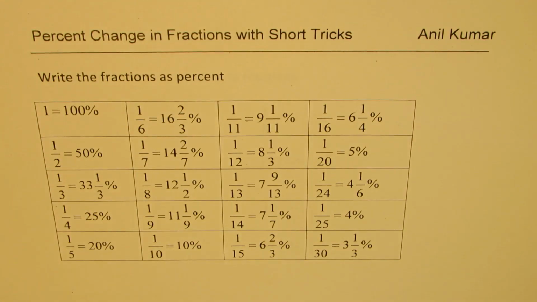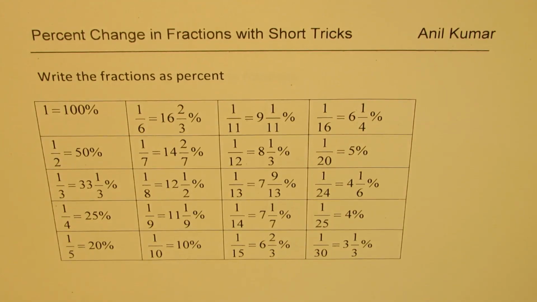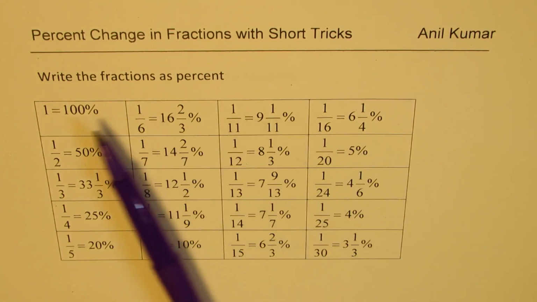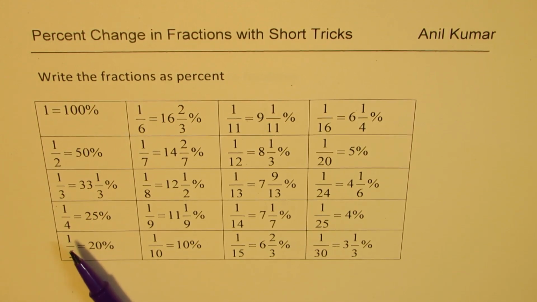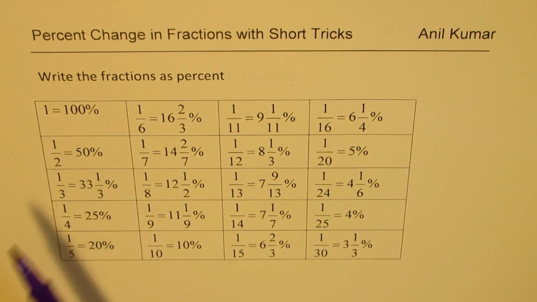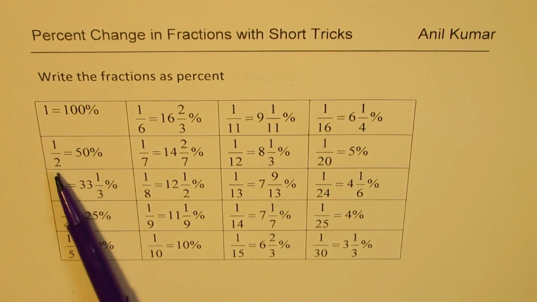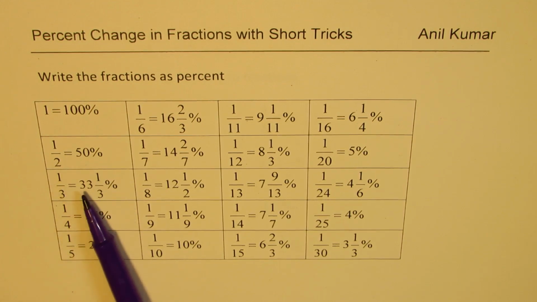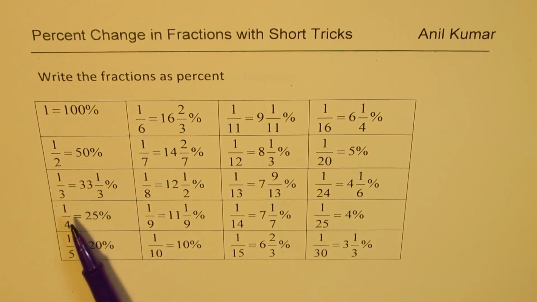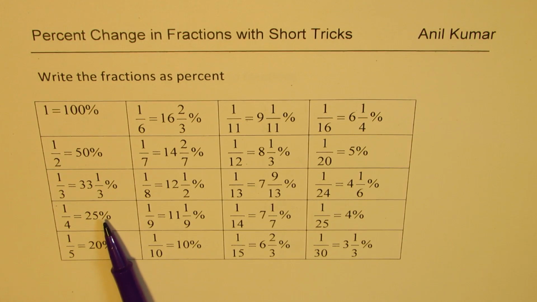So now let me share with you a list of a few fractions which have been converted to percent. If we have the number 1, that means 100%. Half represents 50%. 1 over 3 is 33 1/3%. 1 over 4 is 25%.